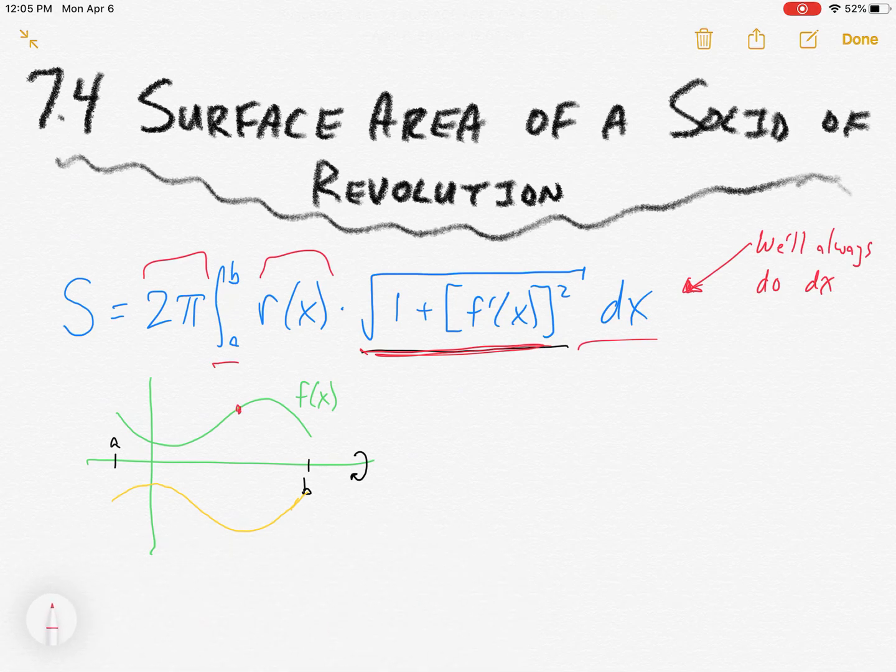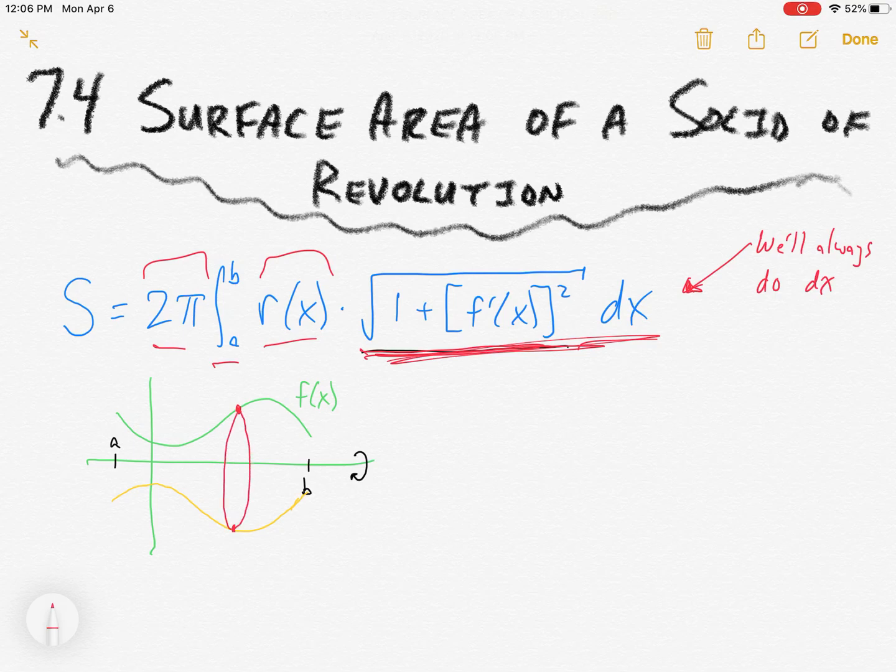Just imagine not a representative rectangle here, but now we're going to have a representative point, like here or something. Imagine that point revolving around. It ends up down here, and you're having that surface. So if you want to find the area of the surface, really interesting what we do here. We do the arc length, which is this part, times 2 pi r, which is circumference.